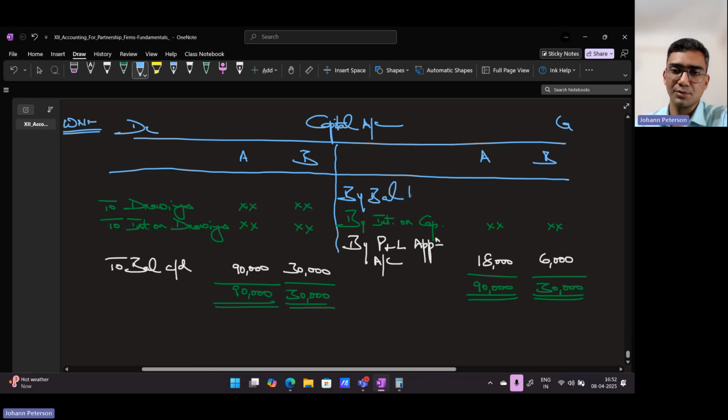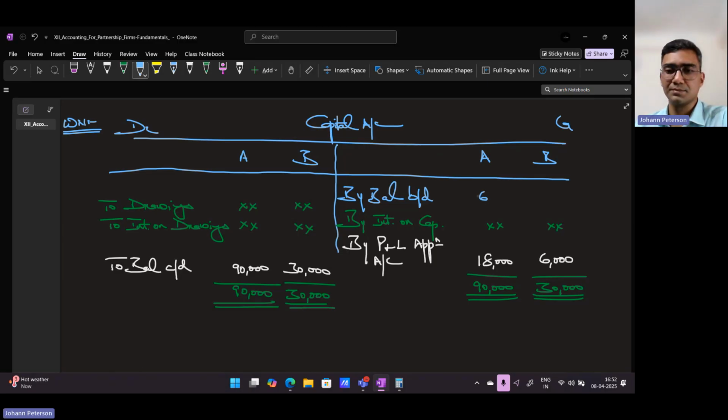So by balance brought down, this would be 90 minus 18, makes it 72,000. And 30 minus 6 makes it 24,000.